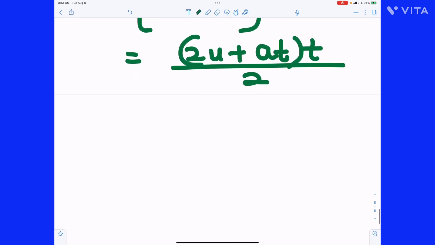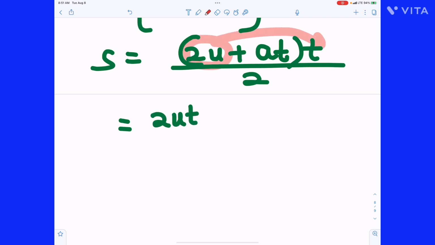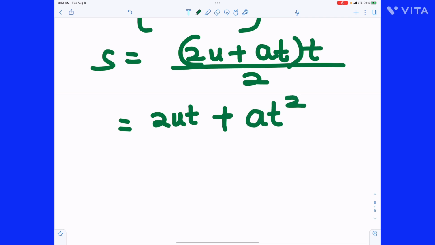Is that clear? So my s will now be, expand this bracket up here. If I expand what's up here, what do I get? I get 2ut, 2u times t is 2ut. Then at times t also is at squared. So I get 2ut plus at squared over 2 is equal to s.